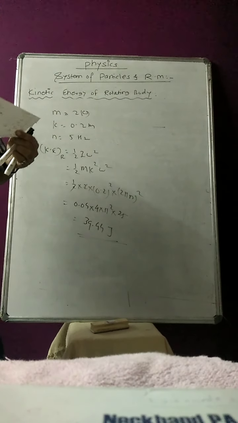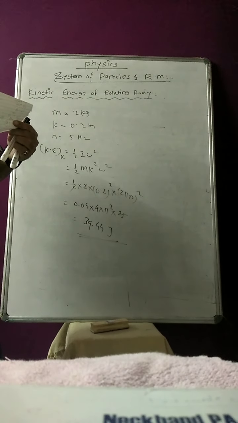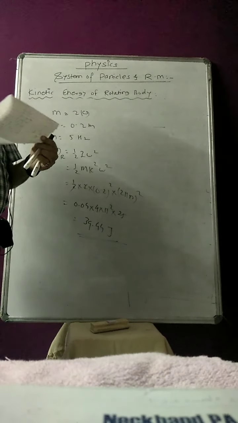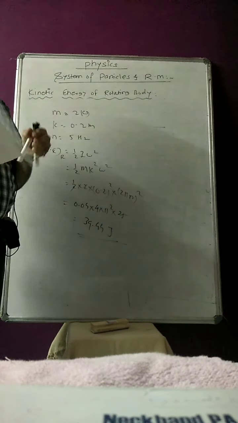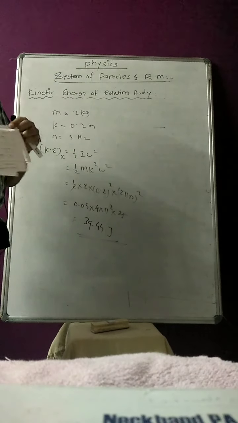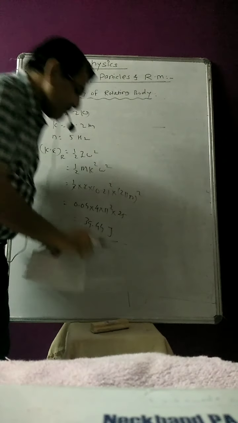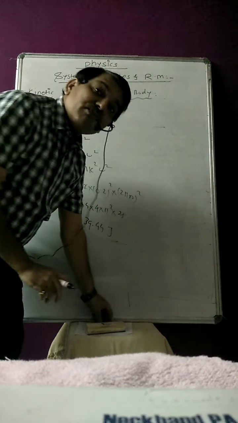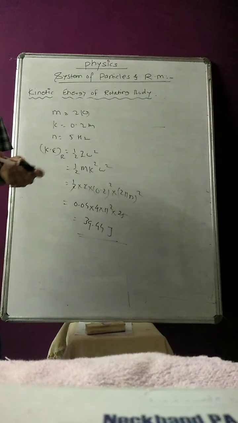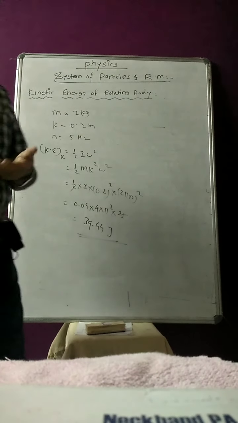So this is the formula for rotational kinetic energy, and this is how you find the answer. In the next period we will see torque. So what exactly is torque? Torque is the analogue of the force which we learned in linear motion.